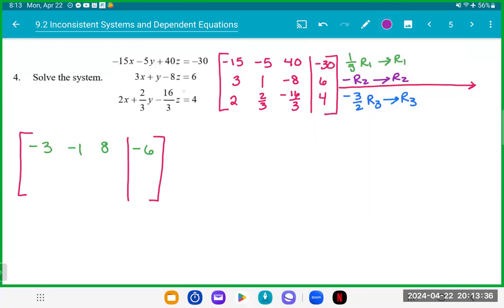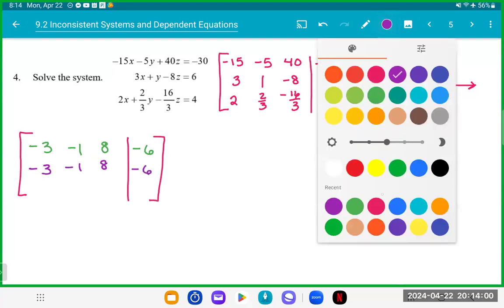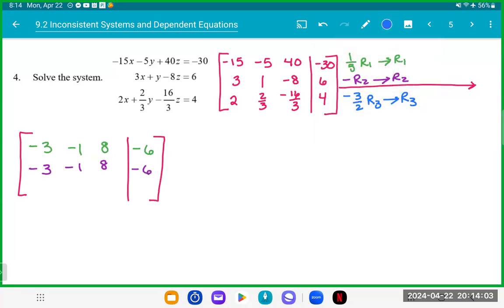We're just changing the sign on all of the entries in the second row because it's just multiplying it by negative 1. So that becomes negative 3, negative 1, 8, and negative 6. See how that already looks exactly like the equation above it?